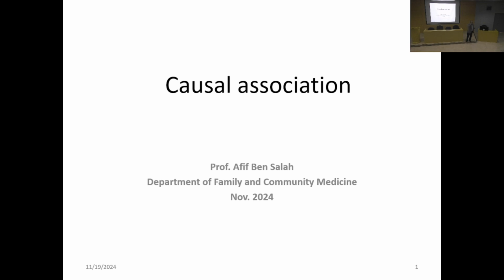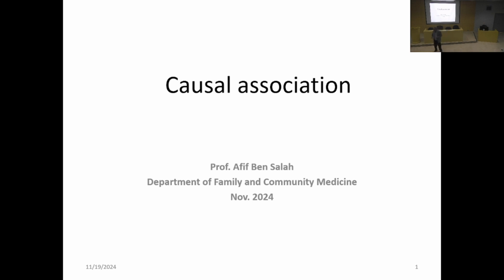Let me tell you an example. Imagine you have a study measuring the association between having a lighter, yes, lighter, and risk of cancer, pulmonary cancer. Will you find an association? You will find an association because smokers smoke using the lighter.